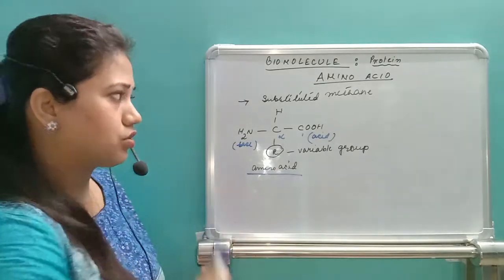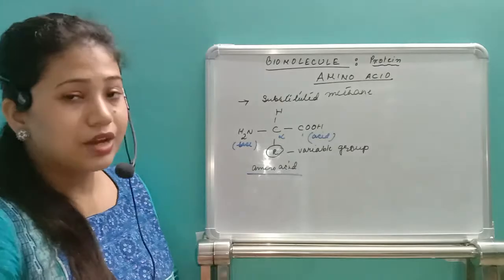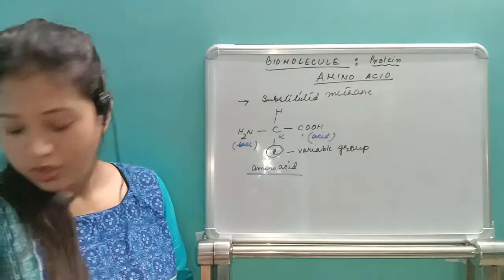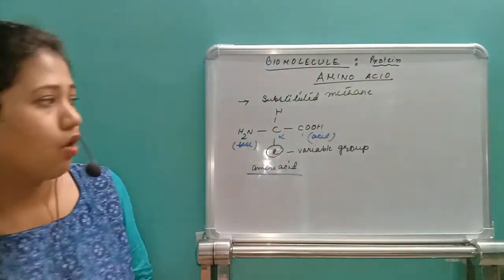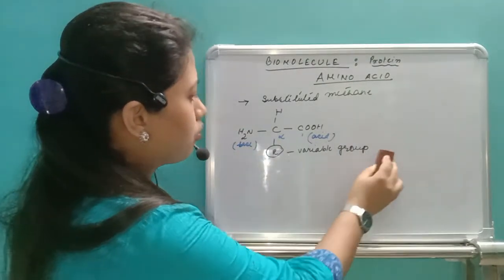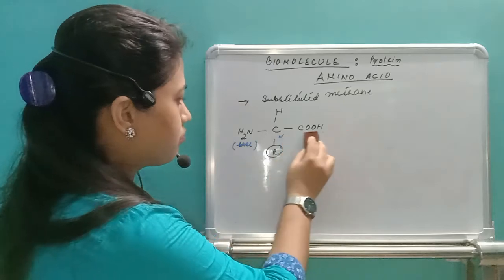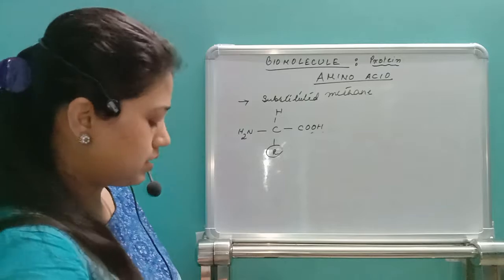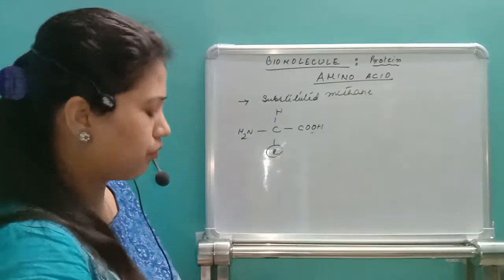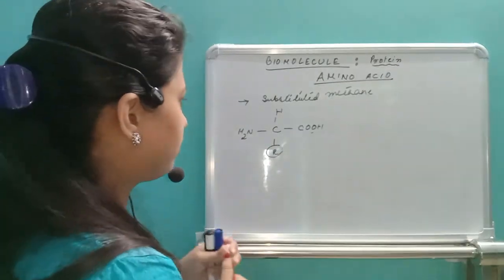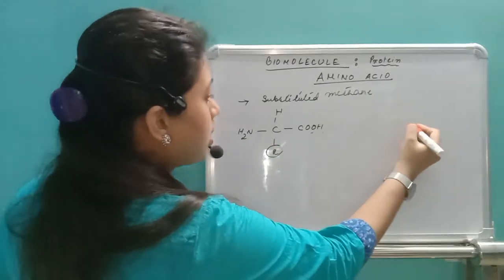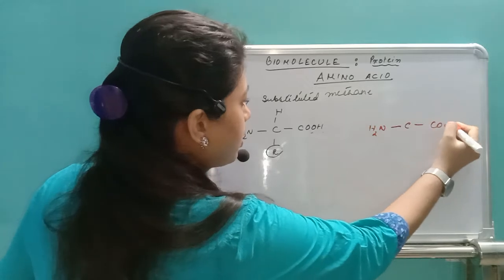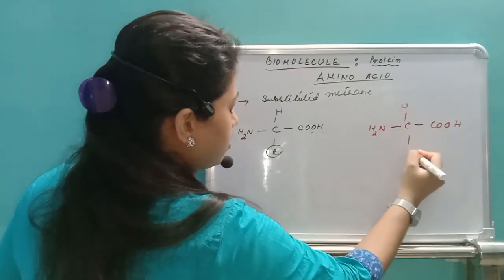This is the structure. After that we will see how amino acids form bonds. So let us see how it actually forms bonds. First of all, suppose this is one amino acid, and we will draw another amino acid here. This is the first amino acid, and this is the other amino acid.